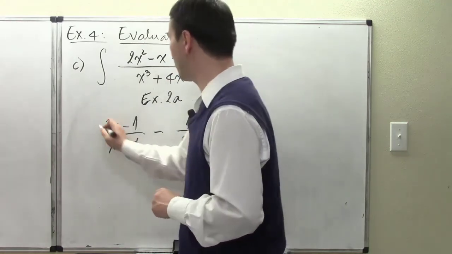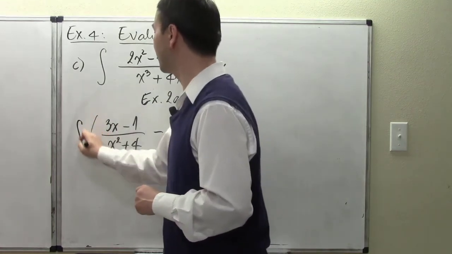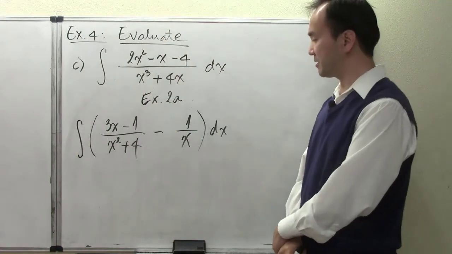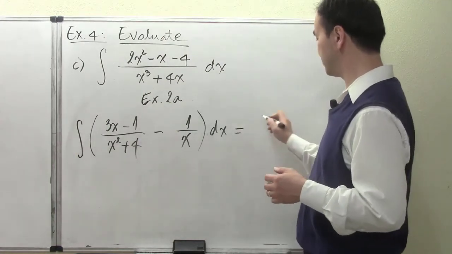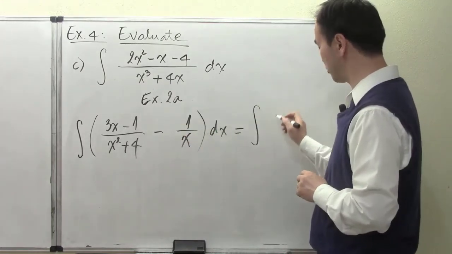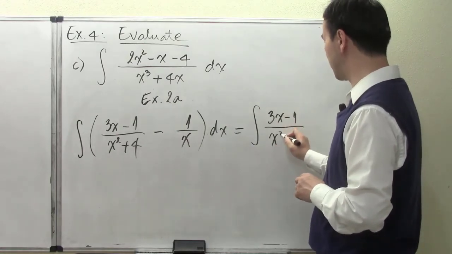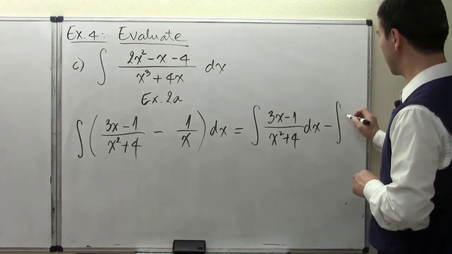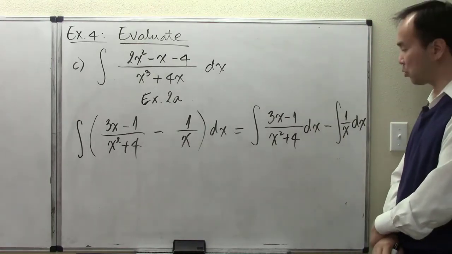So now we broke it down into two separate terms, and that's making it separated into two separate integrals. One of them is for 3x minus 1 over x squared plus 4, and the other one is 1 over x. Okay, that's one integral on 1 over x.